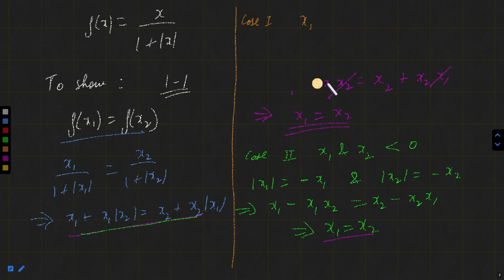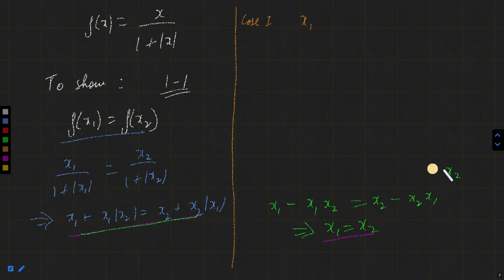So first of all, let me clear the board for you. Can you think what case 3 I am talking about? Case 3 is where either x1 or x2 is negative. Suppose x1 is positive but x2 is negative.